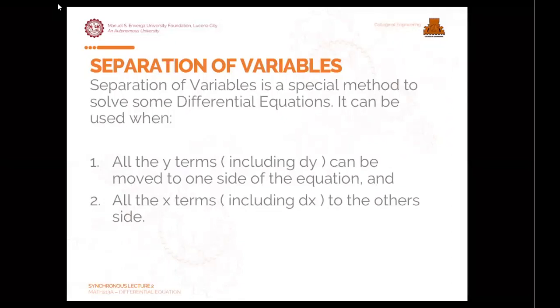Kapag may product tayo ng variables, so mahirap siyang i-separate, no? So, ano yung mga example ng ganitong form? So, let's say, for example, bigay tayo ng example kung saan pwede natin gamitin yung method na yun. So, halimbawa, meron tayong first example, yung function natin, dy over dx equals to negative x over y.